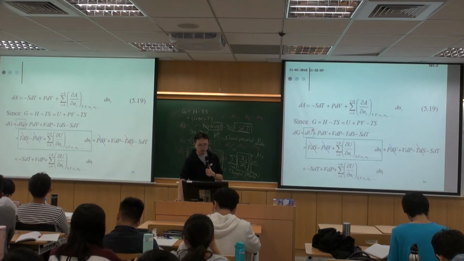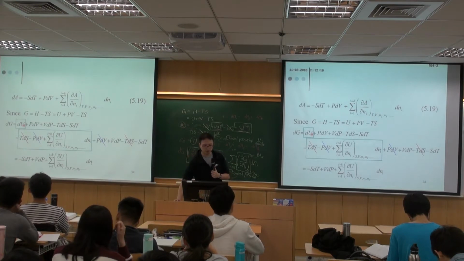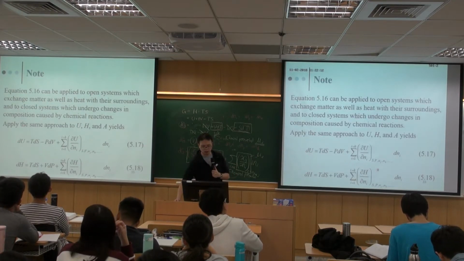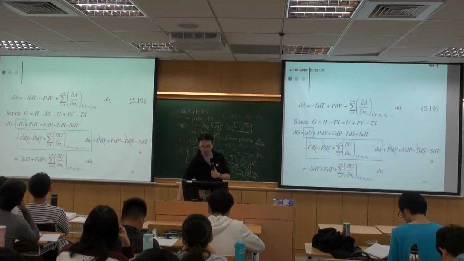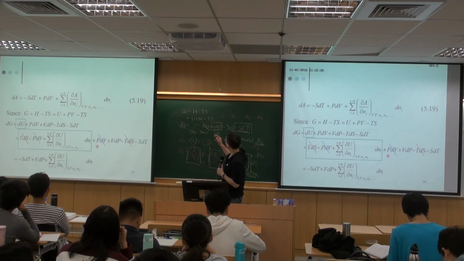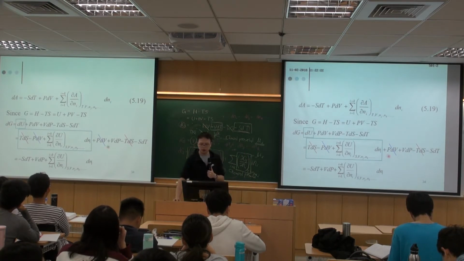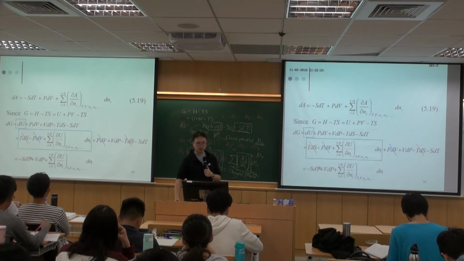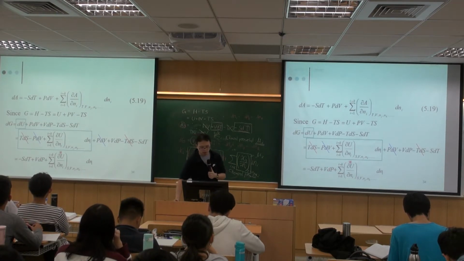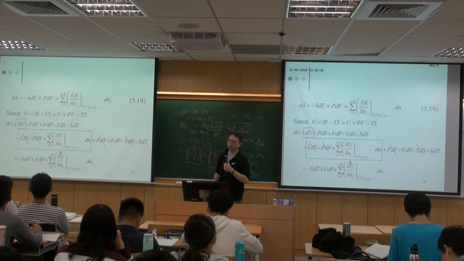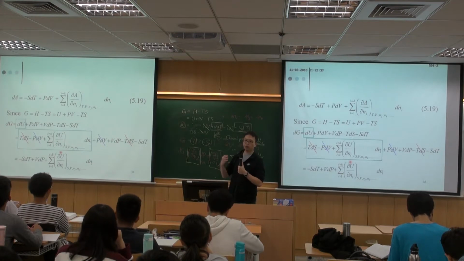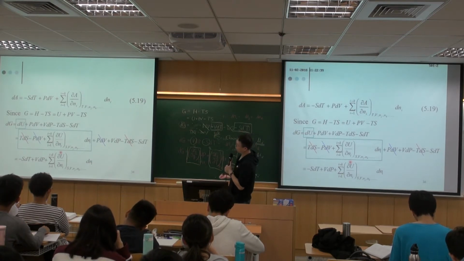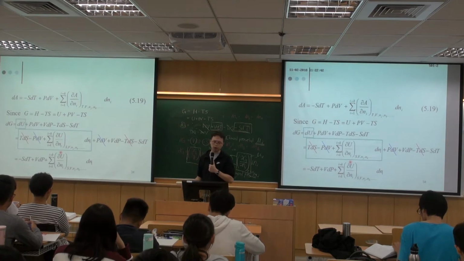And dU, of course, if you're using this expression and plug in, you'll realize that after you cancel these terms out, like what I did over here, you're left with the original minus SdT plus VdP and this extra term. Okay? So we suddenly realize that this extra term should be the same for all different auxiliary functions. Either you're using U, you're using enthalpy H, you're using Helmholtz free energy.